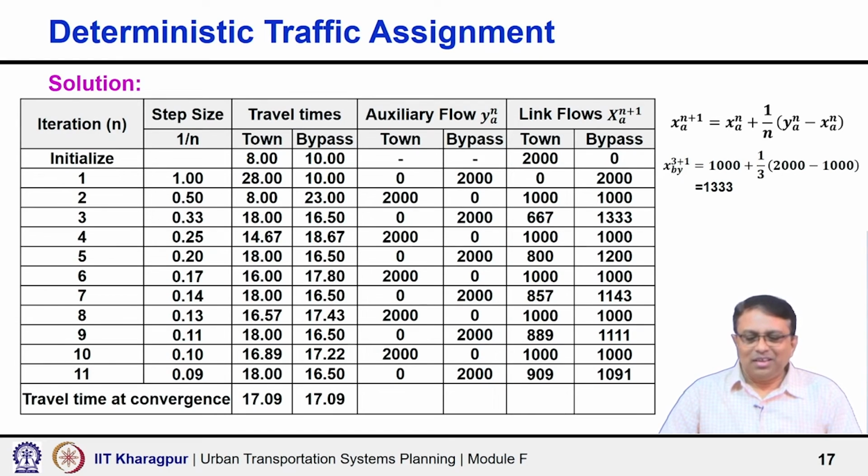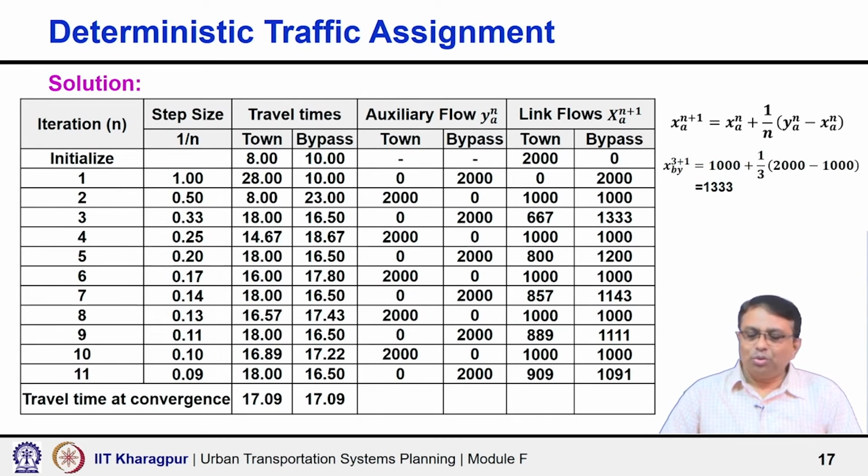So, what will I do? Let us see how we got this 667. How can we get x_a^n? In this case x_a^n is just the previous value, 1000. So it was 1000 earlier, plus 1/n, where n is the iteration, 2.